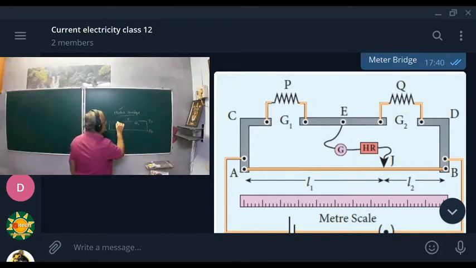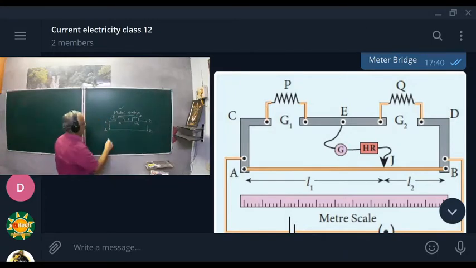Now there is a gap between these plates. So this is the G1 gap, G2 gap, where you have the two resistors, P and Q. One is known, the other is unknown. So let me say this is P, this is Q. P is the unknown resistance, for which we are going to find the resistance.